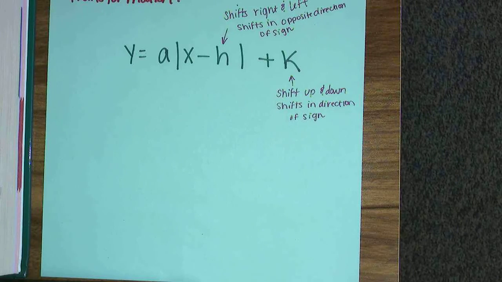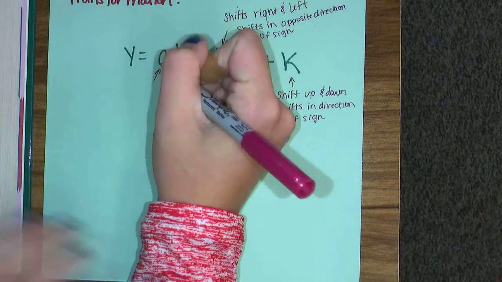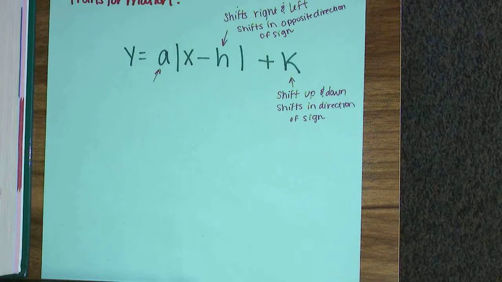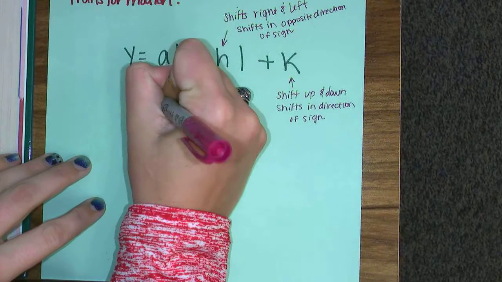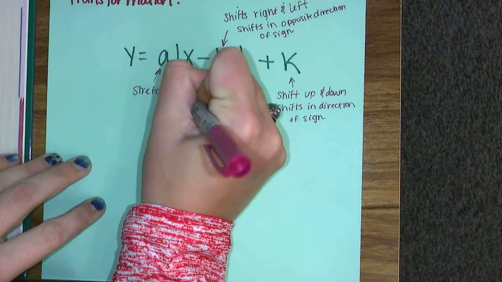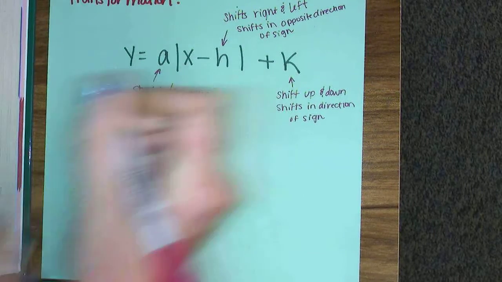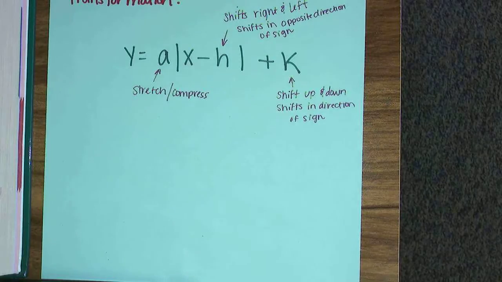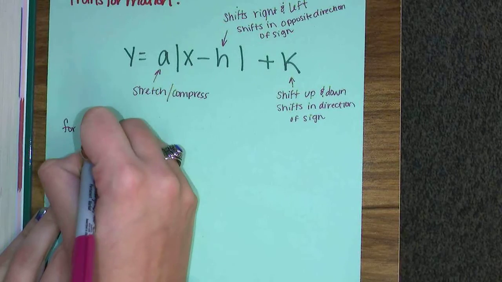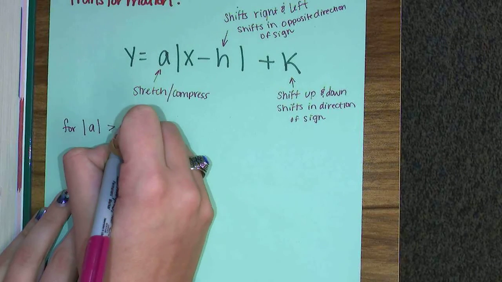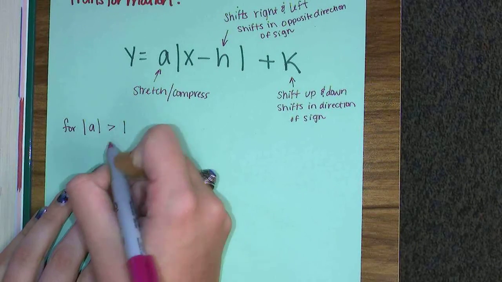A, though, has to do with the stretching or compressing. Okay, and so from that, if the absolute value of A, so the positive value, is greater than 1, it is stretched.